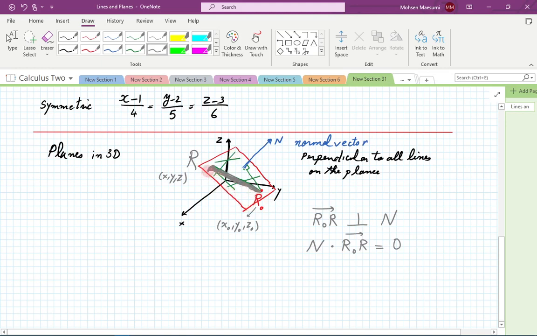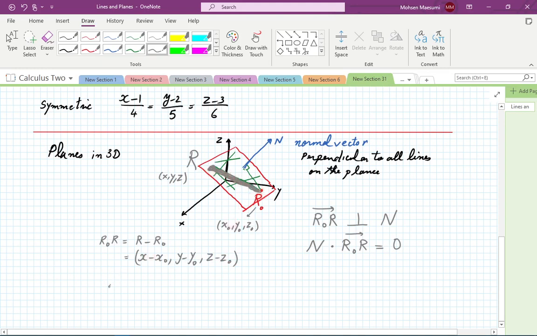Now the vector r0r is obtained by just subtracting these two. That is, how do you go from x0 to x? Well, you have to travel x minus x0. How do you go from y0 to y? Well, y minus y0, and the other one z minus z0. So this is the description of this thick vector here.